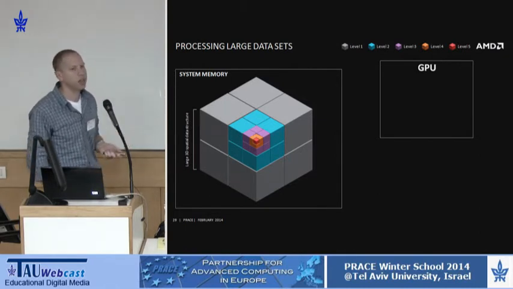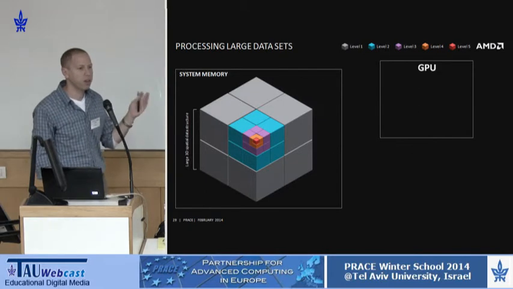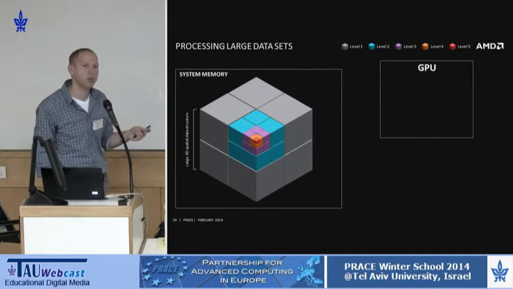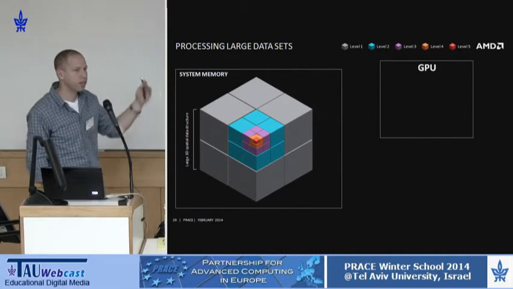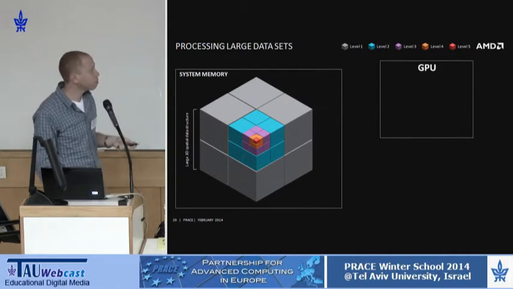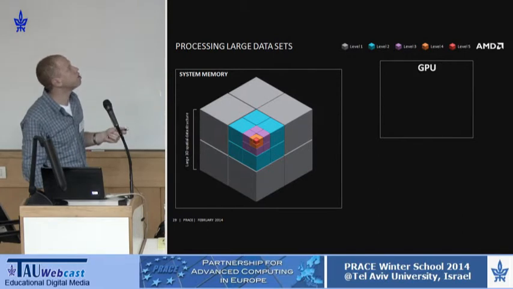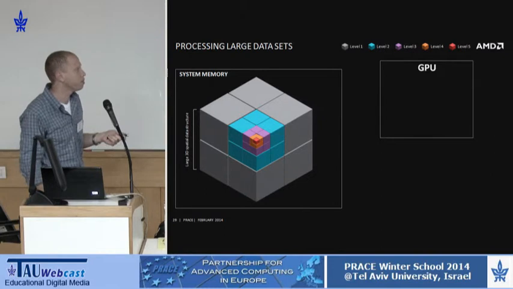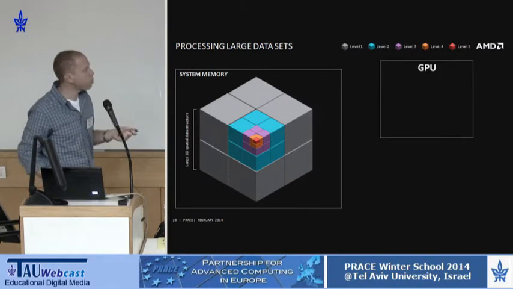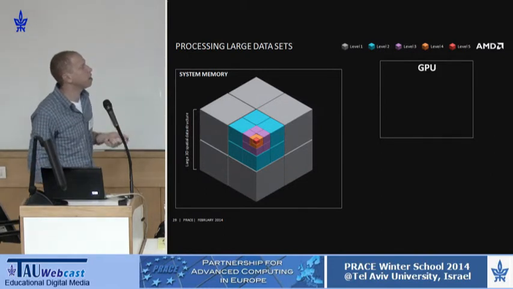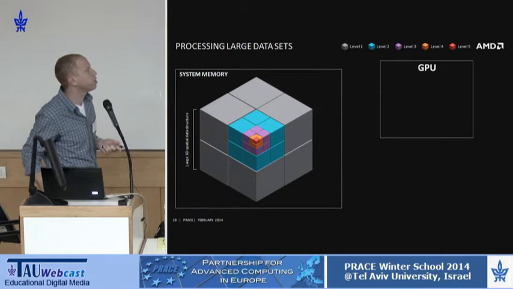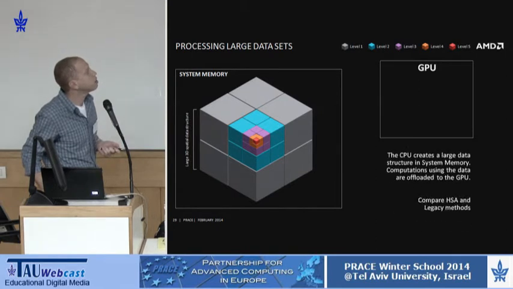GPUs usually ship today with an average of 3 to 4 gigabytes. Some professional GPUs have, I think, 10 gigabytes, but that is the upper limit. When the GPU has equal access to the system memory, which can be huge, we can have 64 gigabytes of actual RAM, then we can access any huge database as is, without any consideration to the GPU being limited with its dedicated video memory.